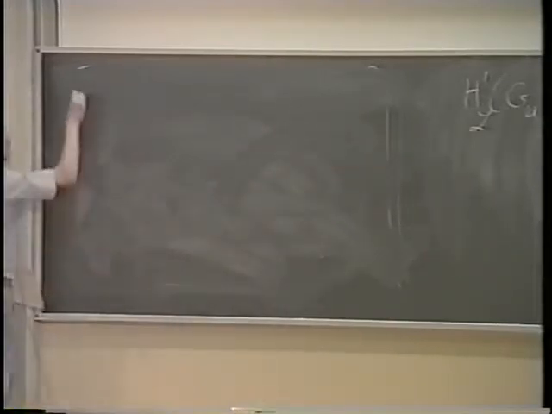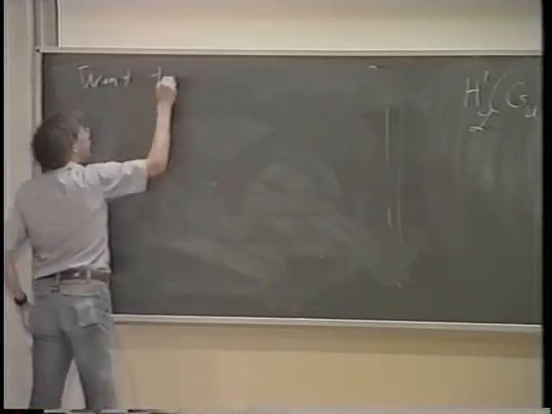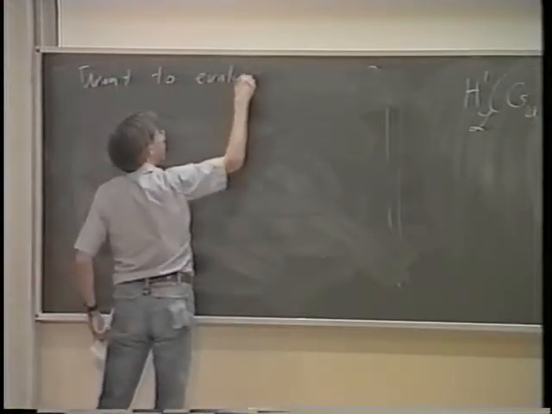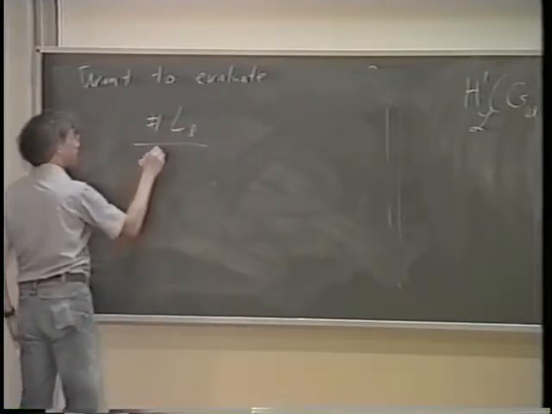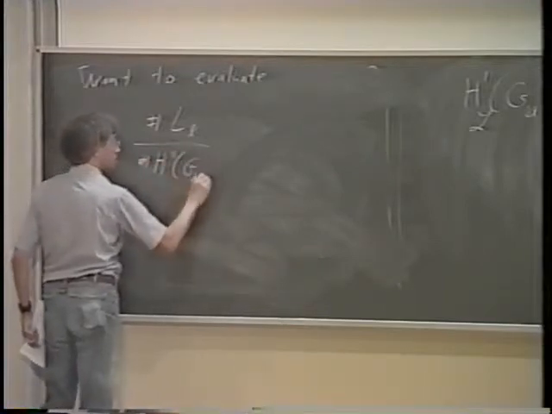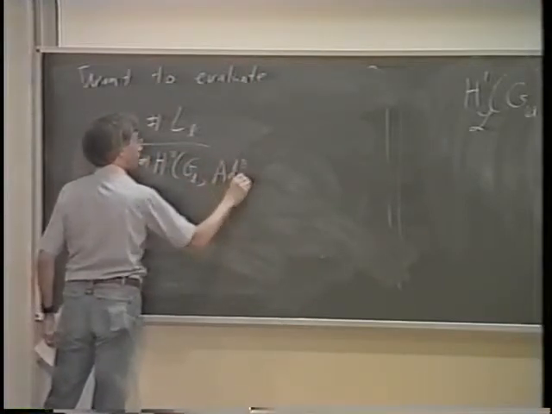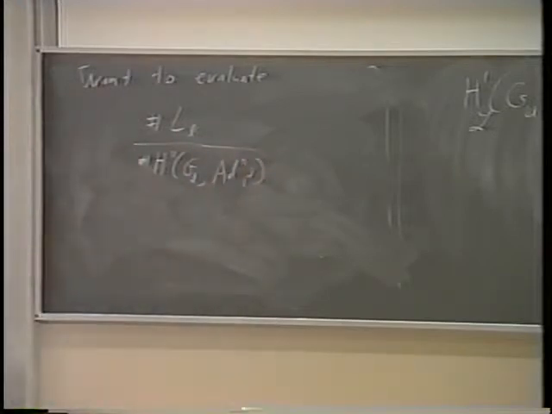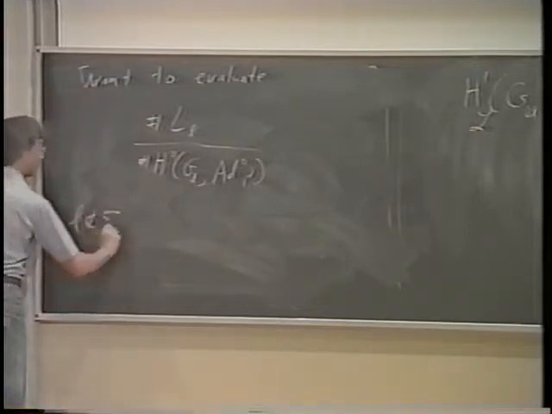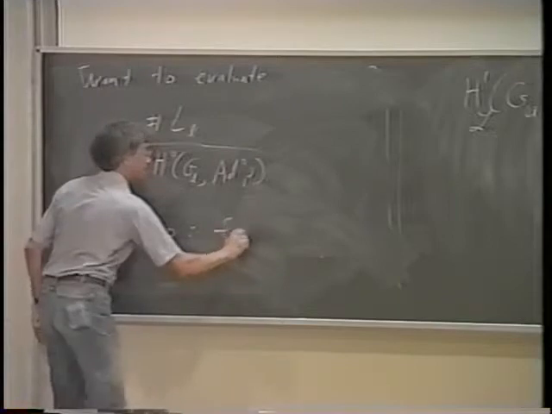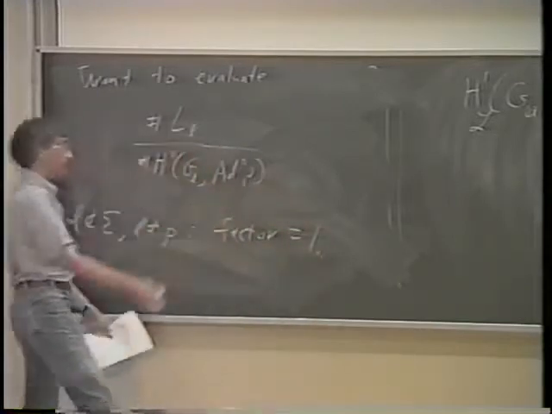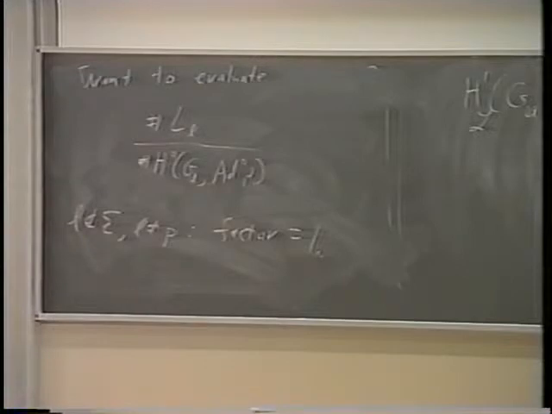So the point is, we want to evaluate or estimate the order of L_ℓ over the order of H⁰(G_ℓ, ad⁰ ρ). This is an L-factor. Okay, because remember we had an infinite product like this. Well, for ℓ not in Σ and ℓ not equal to p, we get the factor equals 1. Okay, those are the ones we can ignore. That's what makes the product a finite product.